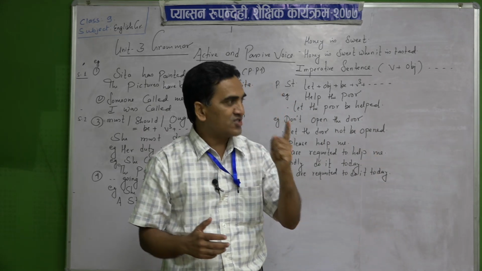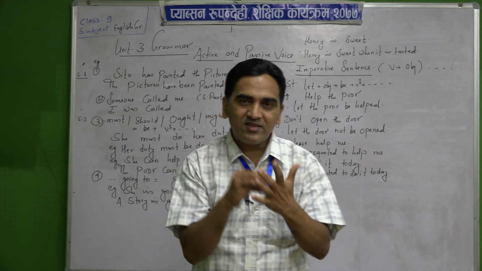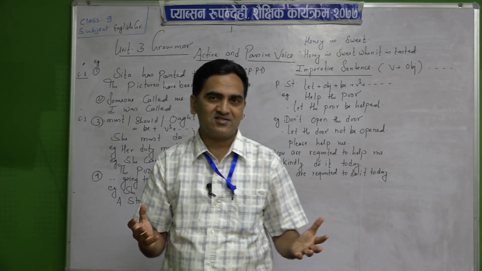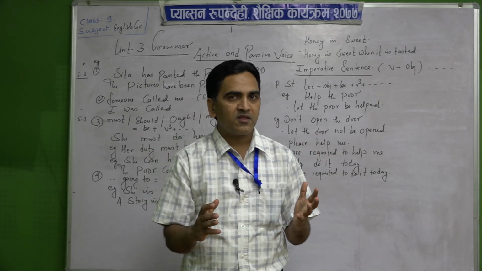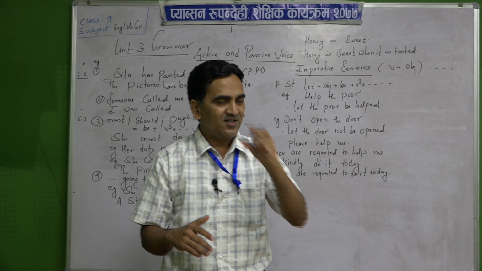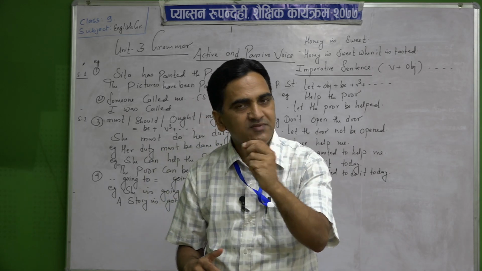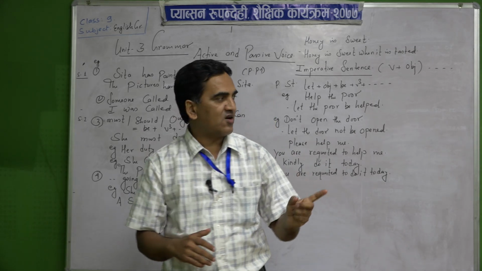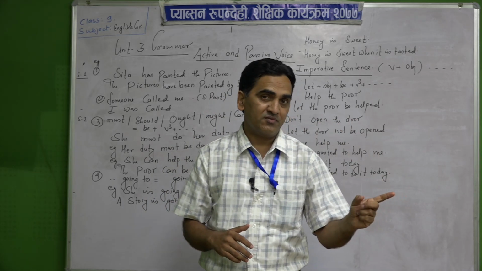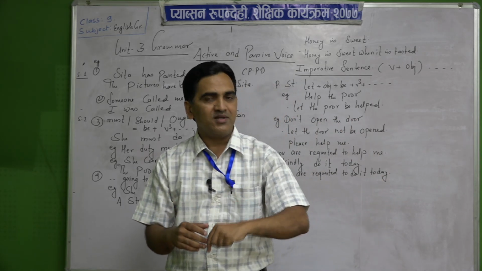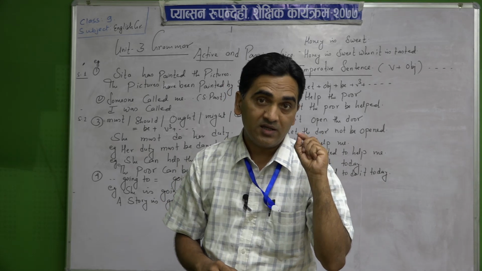When there is no object, we cannot change it into passive. When the active is positive, the passive should also be positive. When active is negative, passive should also be negative.